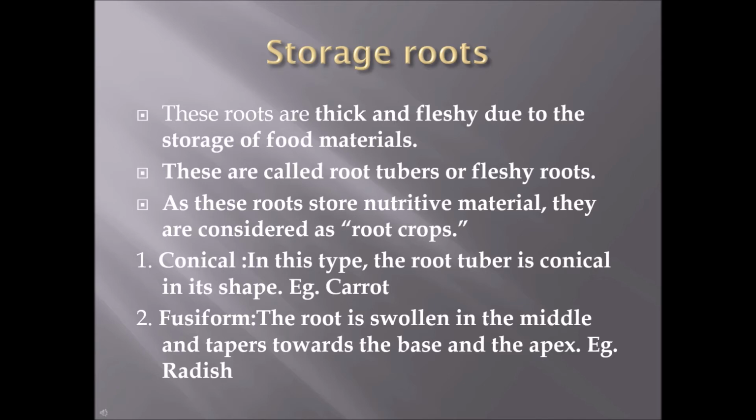Like this only the carrot, radish, and beetroot have been formed. These are called root tubers or fleshy roots. As these roots store nutritive material, they are considered root crops. They store food materials that contain nutrients, so they are called root crops.